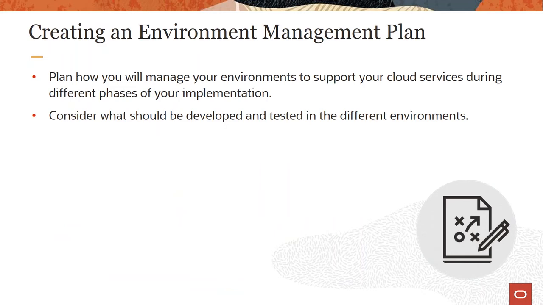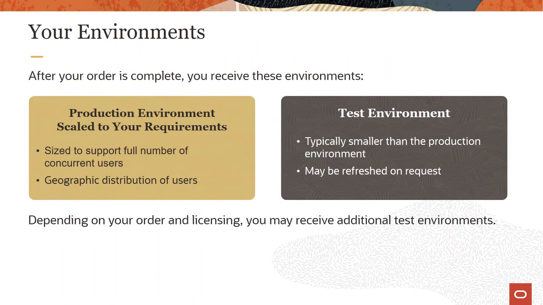You also need to consider your environment management plan. In other words, you have a production environment and you may have multiple test or staging environments, non-production environments that need to be considered and perhaps refreshed from time to time from the production, from the live environment. So you need to understand that collection of instances of environments and or pods and how you're going to manage all of that. Once your initial order is complete, you will receive several environments, at least your production environment, which will be scaled and sized to your number of users and geographic distribution of them and so on.